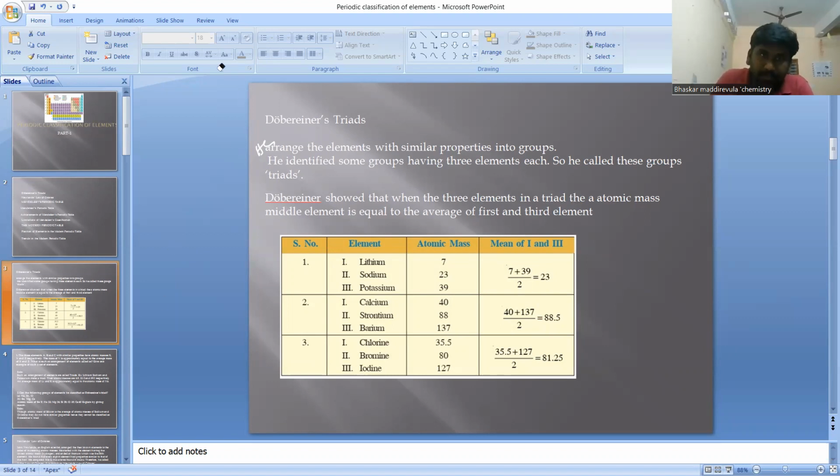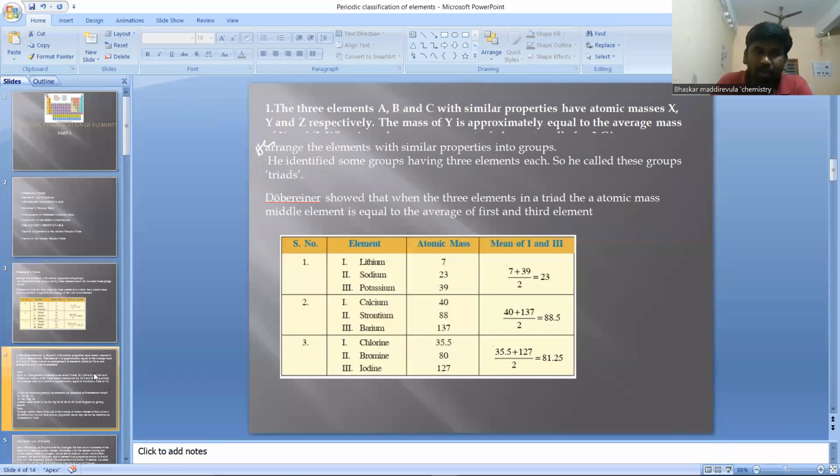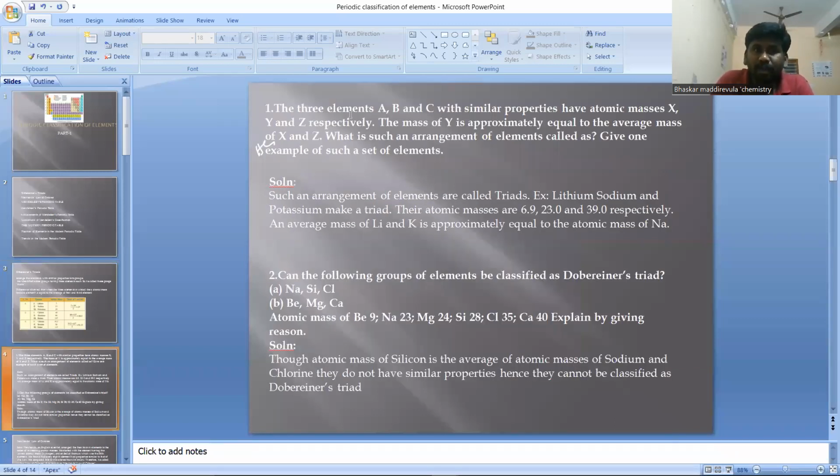Now we'll see a question from here. This is the way they will ask a question in the board exam. Three elements are given, but the names are not specified: elements A, B, C with similar properties, having atomic masses X, Y, Z respectively.